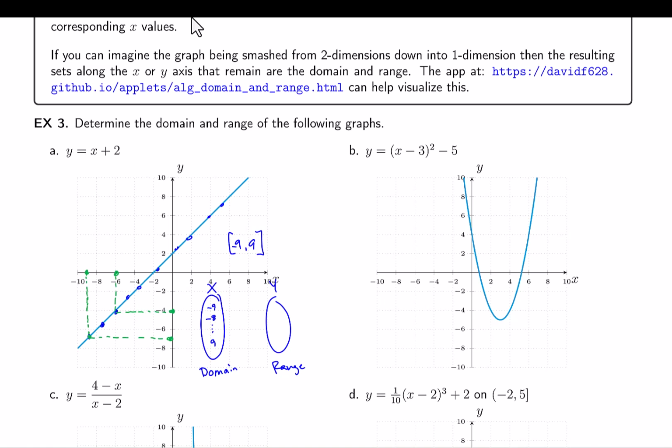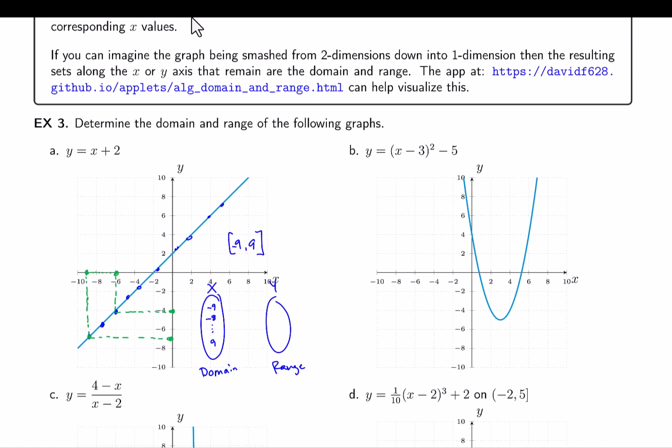So for different values on the x, there are corresponding values in the y. And because this is a continuous line, all these numbers in between are also considered as well. I'm off on a tangent here, but what I want you to understand is the reason why we write this stuff in interval notation.